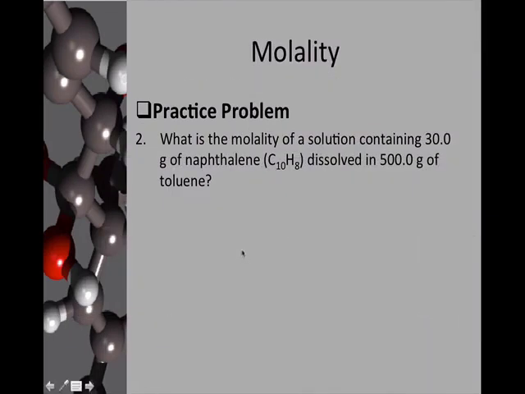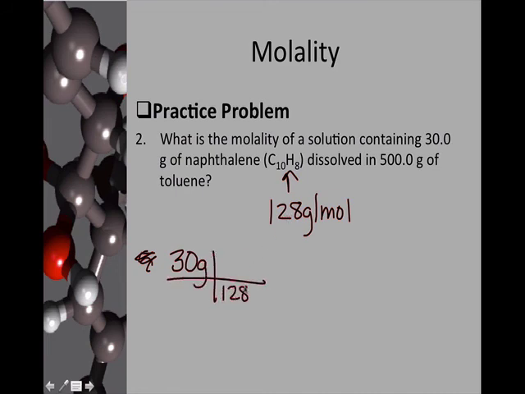The second practice problem says, what is the molality of a solution containing 30 grams of naphthalene dissolved in 500 grams of toluene? If I add up C10H8 on the periodic table, we end up with 128 grams per mole. So again, I'm going to take the grams, but not of the toluene. I'm going to take the 30 grams of the solute and divide by its molar mass. 30 divided by 128 is 0.234 moles.